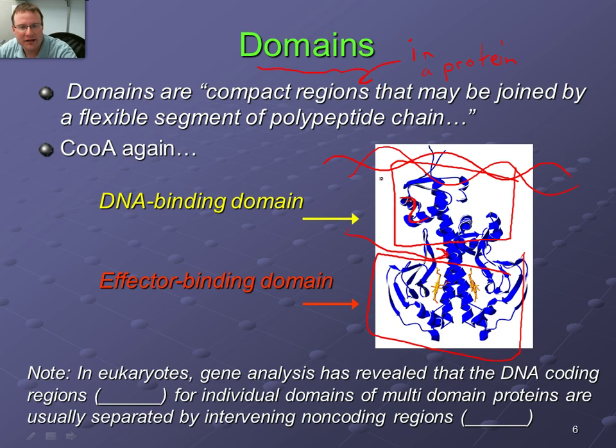But the deal here is that it's made of two domains, a DNA binding domain, which is one chunk of the protein, separated by a small linker region that's connecting it to an effector binding domain. So for my protein, these two domains largely act independently of each other, although the function of this one depends on what happens here.